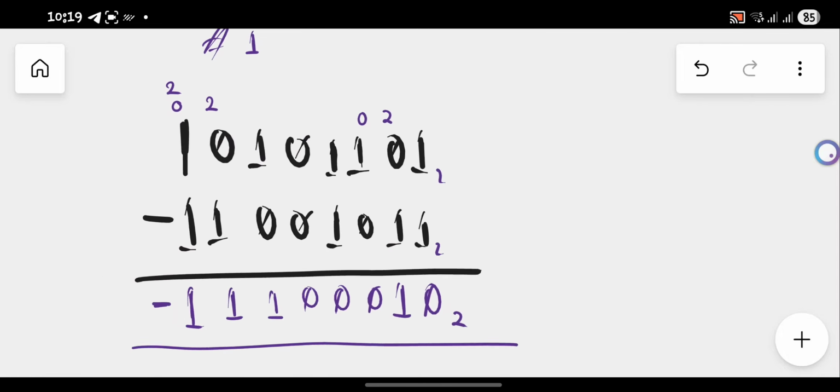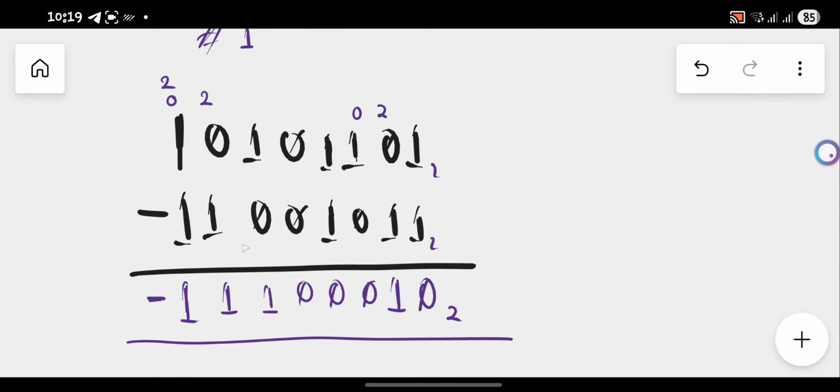Now, when you look at these two numbers, you can see the subtrahend is bigger than the minuend, right? Because of this one here. You see, this one is 0 and this one is 1. So that means this is bigger than it.